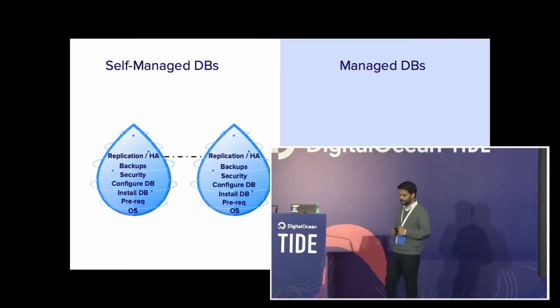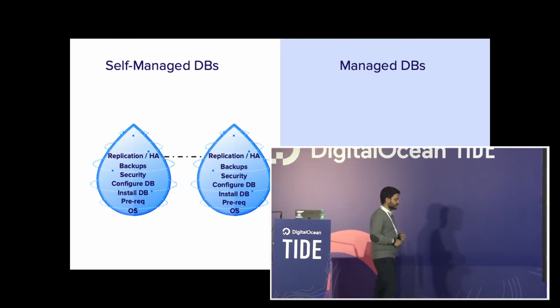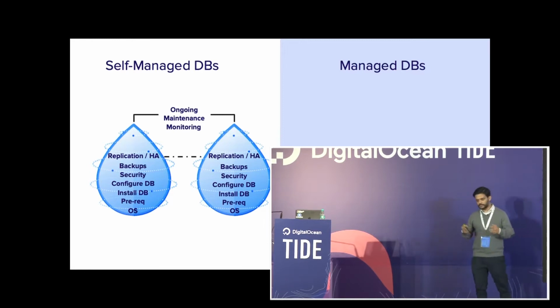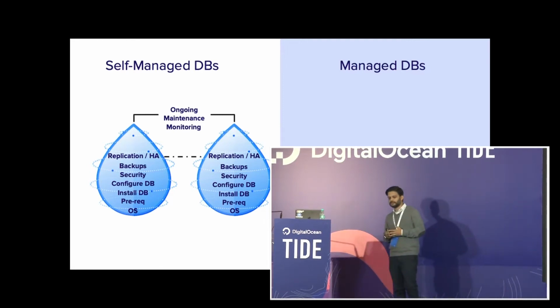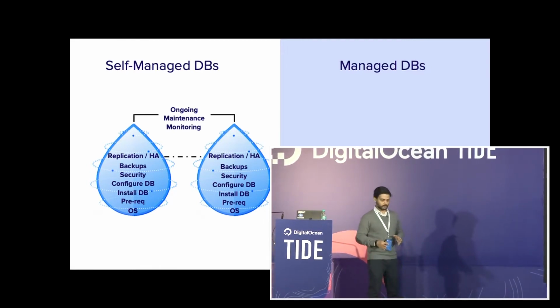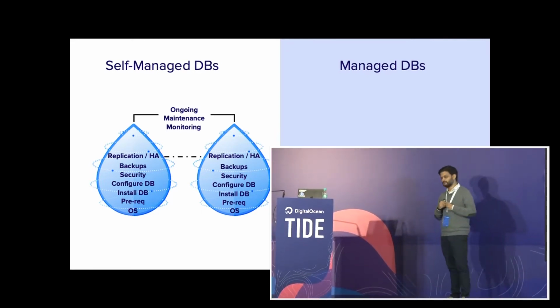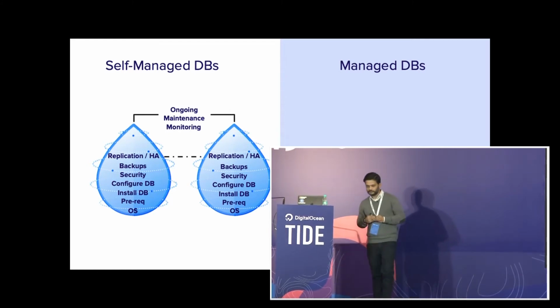You take another droplet, you go through the same stages again, and then ongoing maintenance, monitoring. So this is database administration that sometimes we don't want to do, that sometimes we don't have the time for, sometimes we don't have the money to spend for, right?